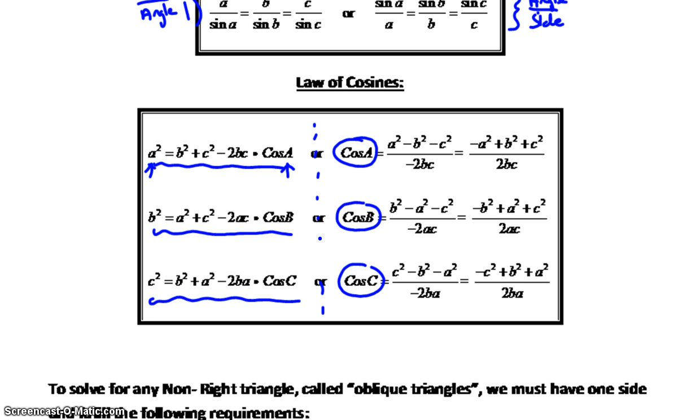Everything else inside consists of b's and c's. One way we remember this is that there are two a's, two b's, and two c variables in each problem. Likewise, when we solve for side b, we have the angle B, and the side c, the angle C. That's just a reminder of where we're going.